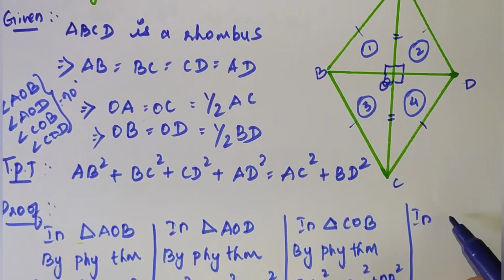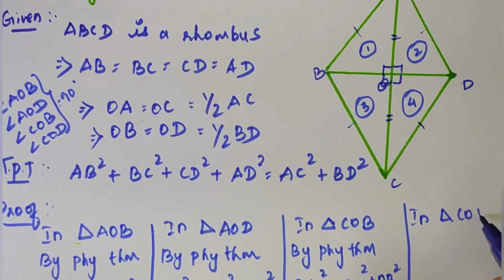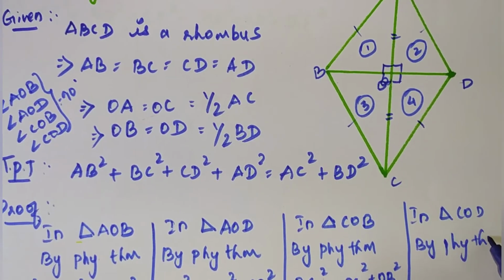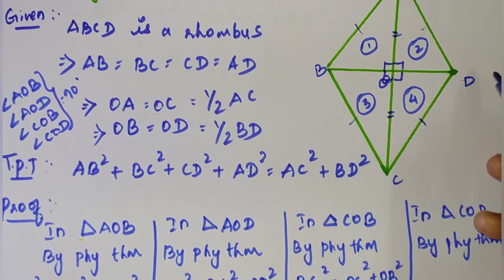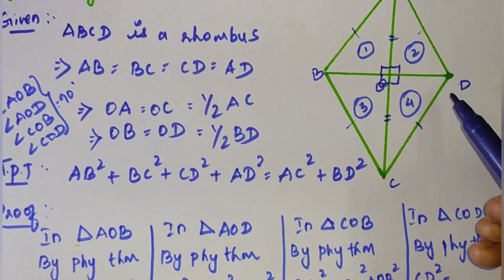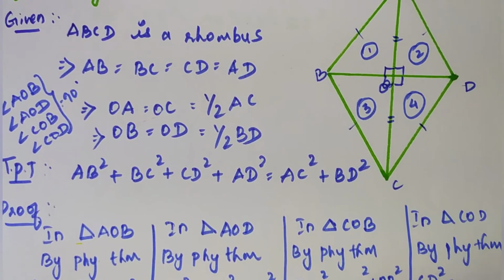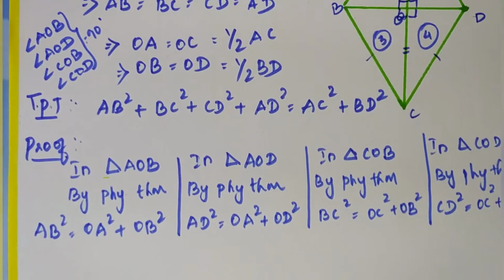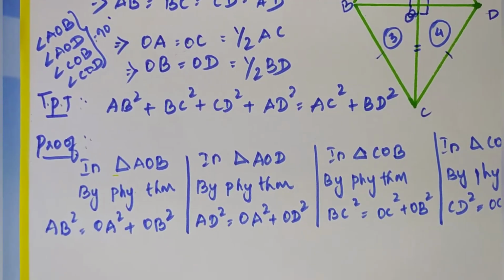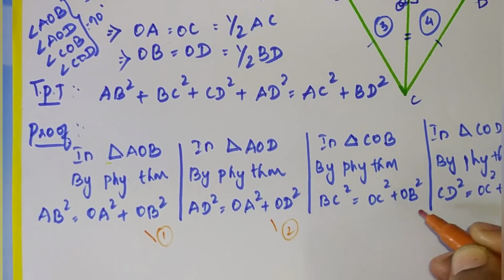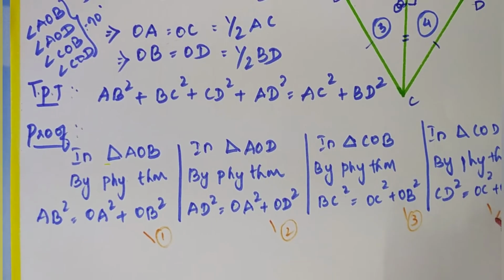In triangle COD, by Pythagoras theorem, CD square is equal to OC square plus OD square. So mark these as 1, 2, 3 and 4.